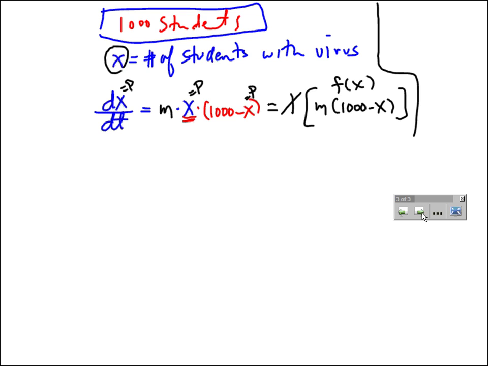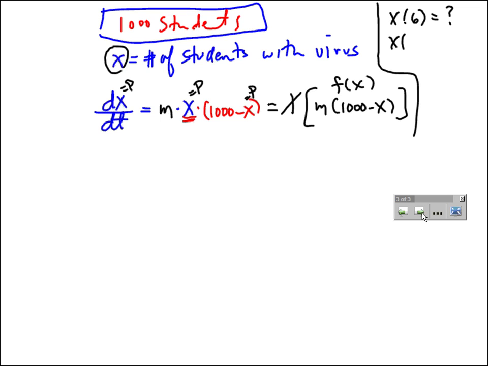They want us to determine the number of students infected after 6 days. X is a function of time. We want to know what that is, if it is known that after 4 days, 50 students are infected.